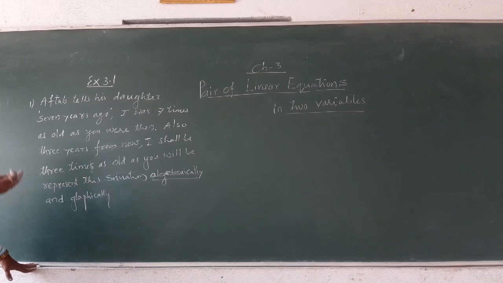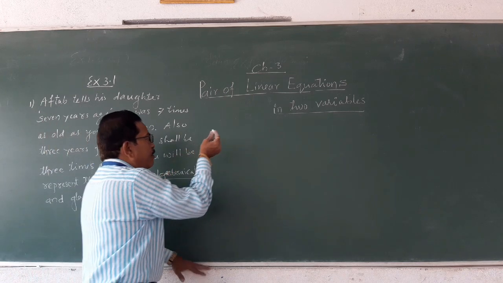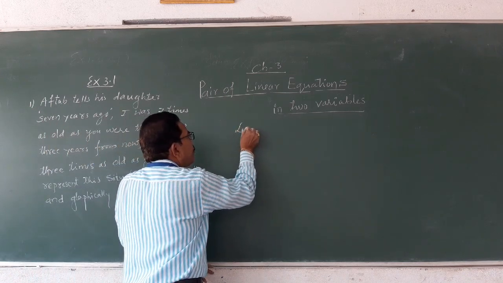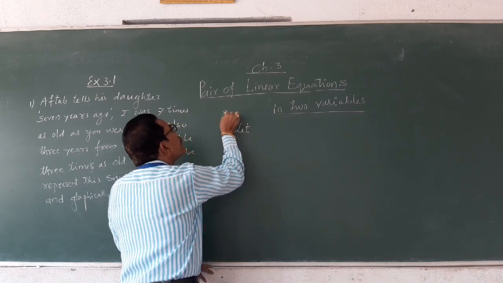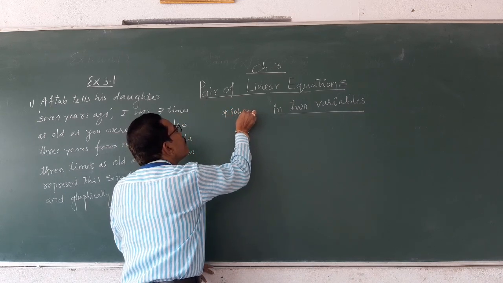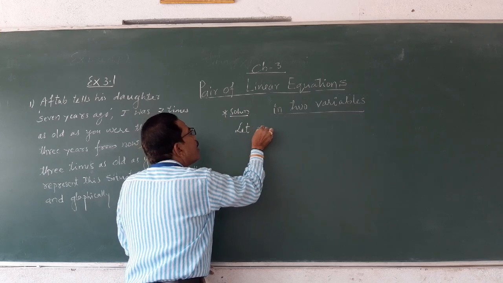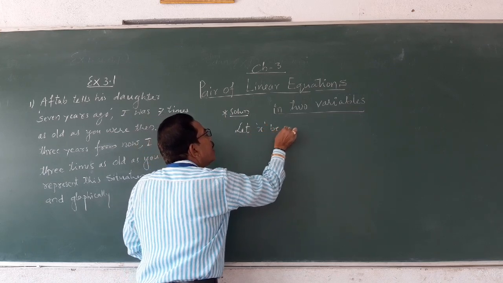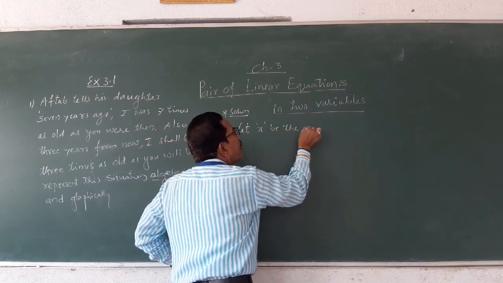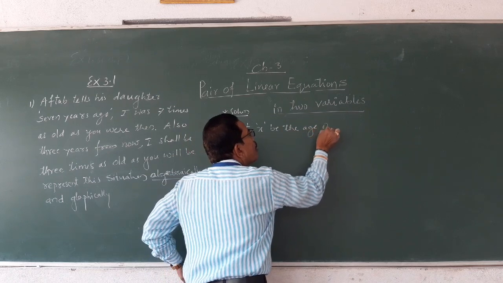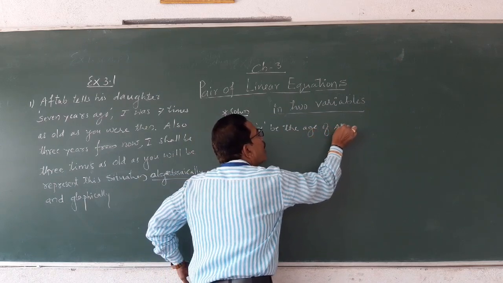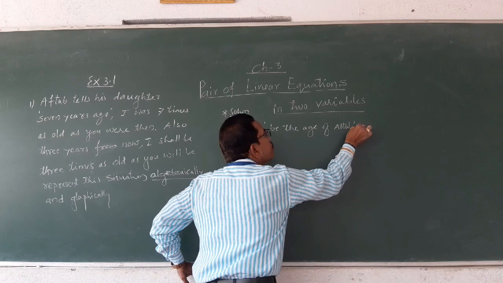We have to consider the ages of Aftab and his daughter as x and y. Let us consider first, let x be the age of Aftab's daughter.